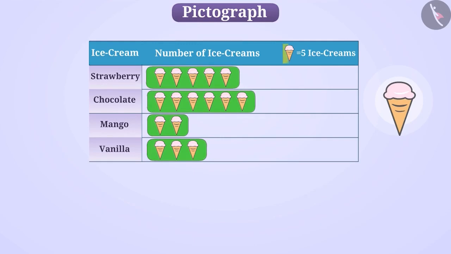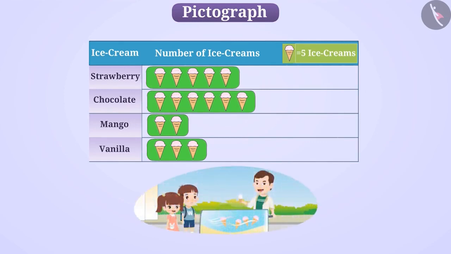At the same time, we are also given the value of an image using which we can understand the table. Using the pictograph, we can obtain a lot of information. Like, in the given pictograph, we can find the number of ice creams of each type sold by the ice cream vendor. At the same time, we can also compare them without knowing their numeric value.